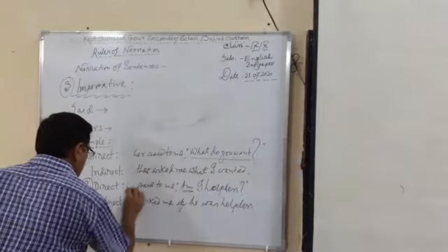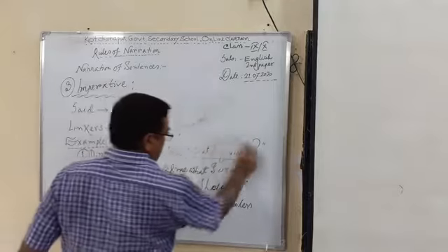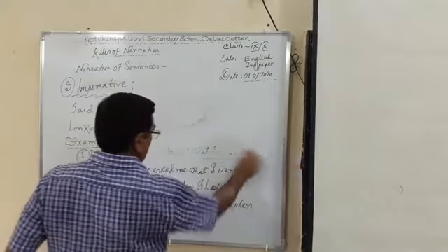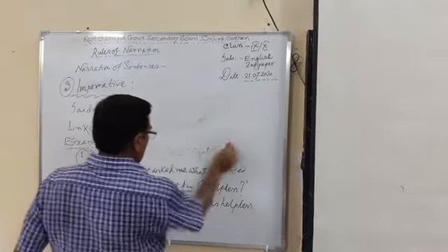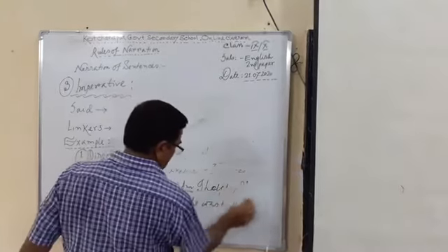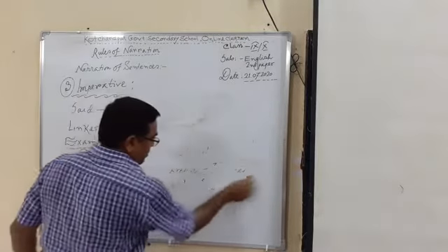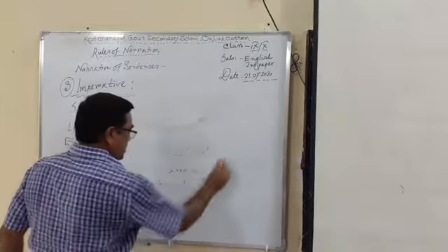Then I'll give you an example. We have to use another word instead of said, and what the linker of the imperative sentence is, I will discuss with you at the time of direct to indirect speech. Okay.